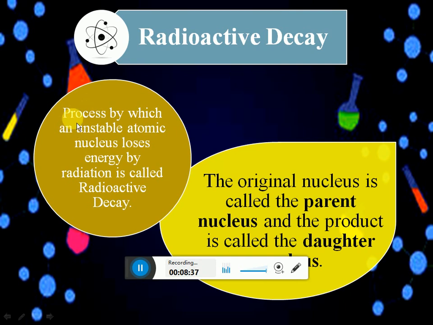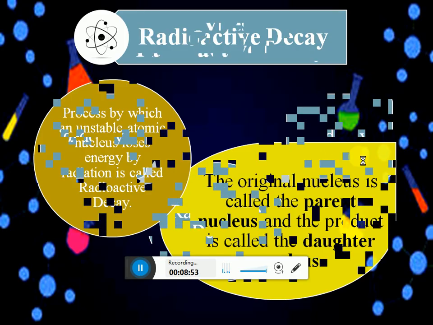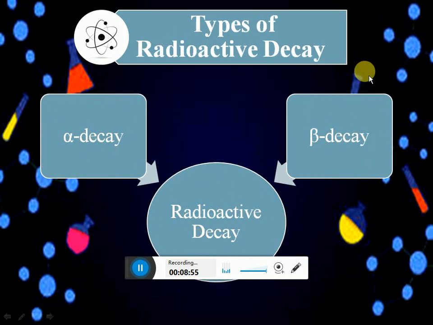The process by which an unstable atomic nucleus loses energy by radiation is called radioactive decay. The original atom is called the parent nucleus, and the product which it releases and becomes stable is called the daughter nucleus. Radioactive decay is of two types: alpha decay and beta decay.